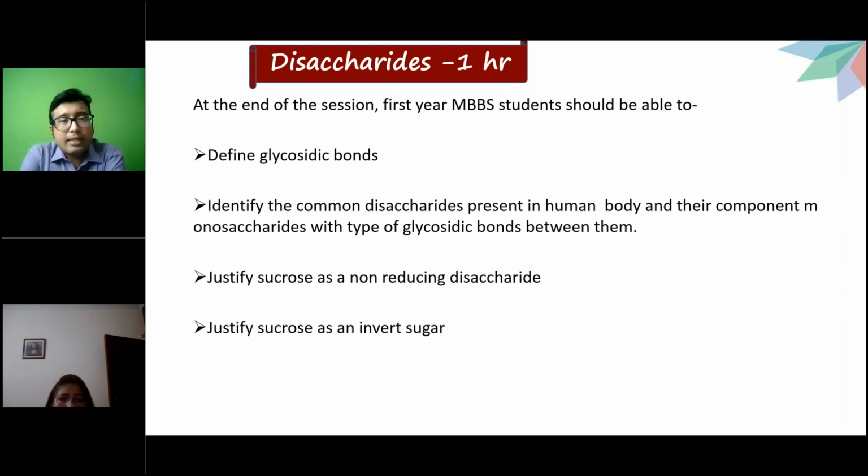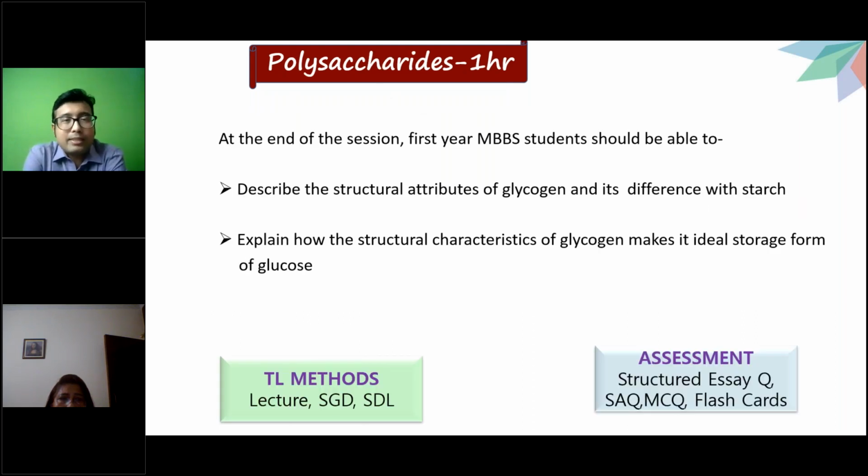For polysaccharides, according to our team, the SLOs are: describe the structural attributes of glycogen and its difference from starch, and explain how the structural characteristics of glycogen make it an ideal storage form of glucose.